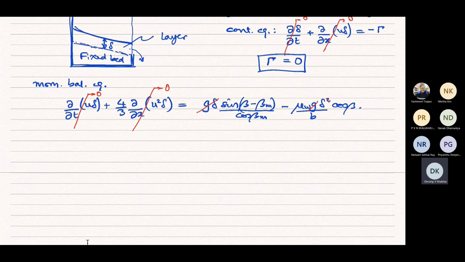Then we are just left with this equation, which gives us 0 is equal to sine of beta minus beta_m minus mu_w into delta by b into cos of beta into cos of beta_m.